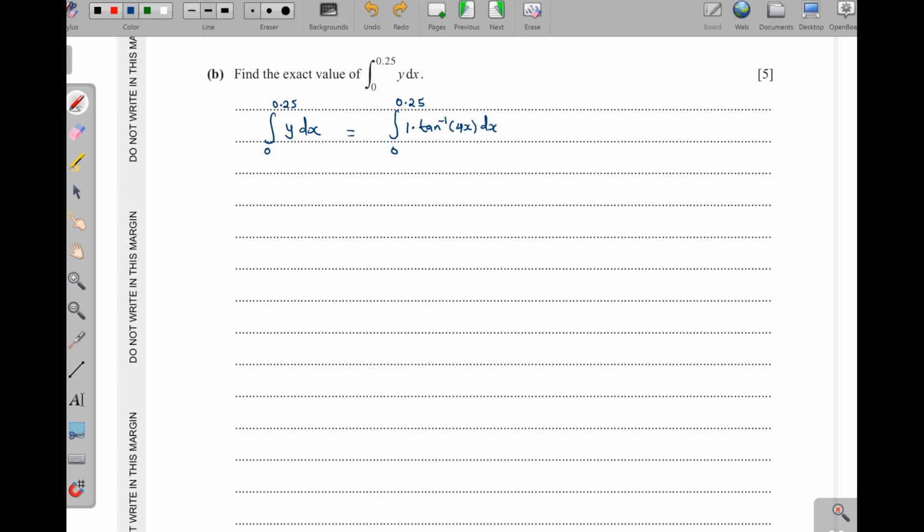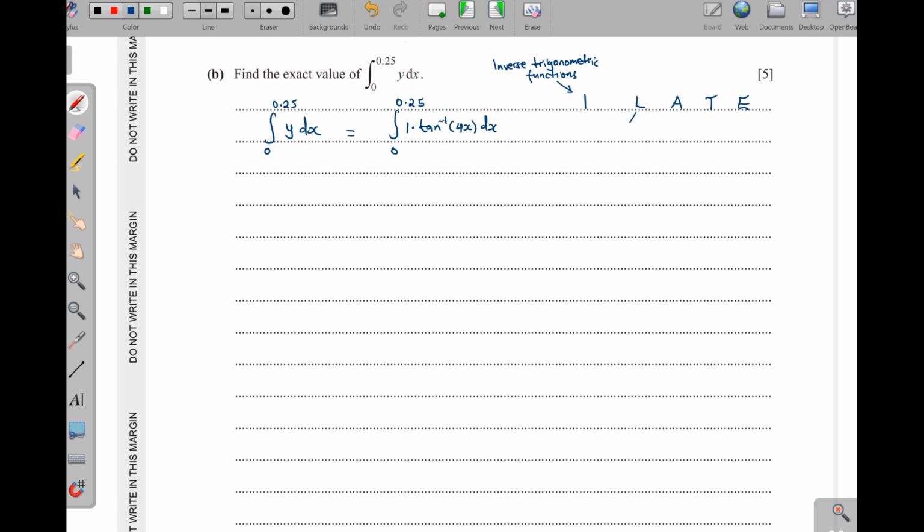So remember now, if we have two functions, a product of two functions, then we use this acronym here, ILATE. And I've always explained what it means, okay? Where this one is inverse trigonometrical functions. Inverse trigonometric functions, okay?